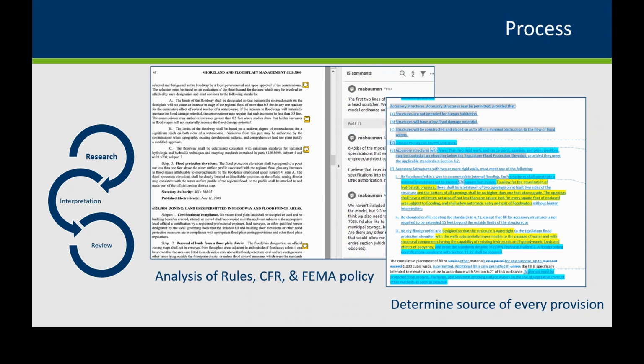We compared these laws to the language in the ordinance, and we color coded everything by source. Yellow was from federal regulations, gray was from state rule or statute, blue are just other laws. And that might be FEMA guidance, FEMA policy, or there's other state rules that were incorporated into this ordinance.